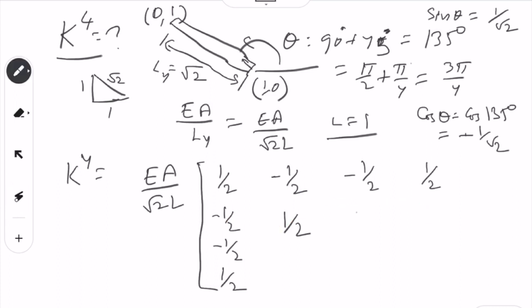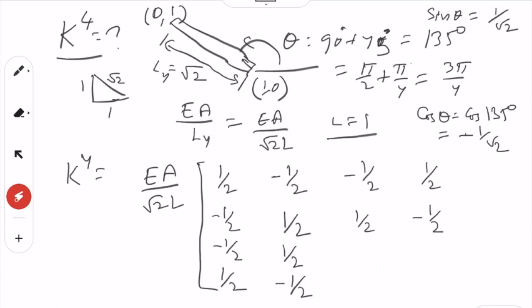So we have 1 over 2 minus 1 over 2. We can again complete it, make it symmetric, so this will be repeated here. So 1 over 2 minus 1 over 2. Then here we have to fill in.